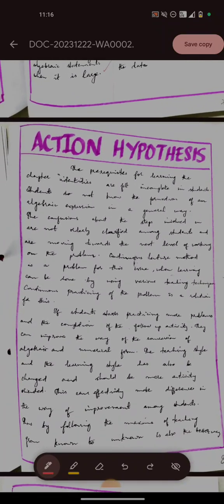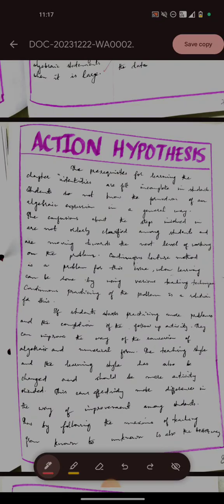Next is the action hypothesis. In the action hypothesis, we should understand what the problem is, and what caused the students to have such a problem. Maybe faulty teaching methods, or maybe unknown previous knowledge, no prior knowledge. The action hypothesis is written with a first paragraph on the cause of the problem, why the students face such a problem, and whether there is any faultiness in the teaching techniques.